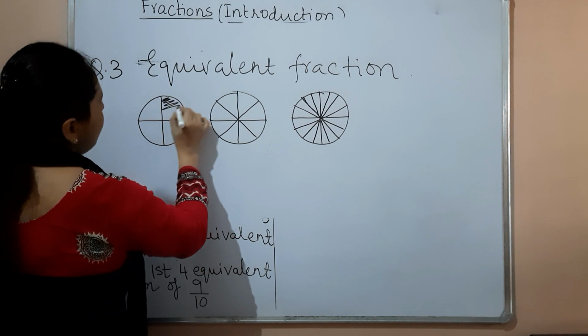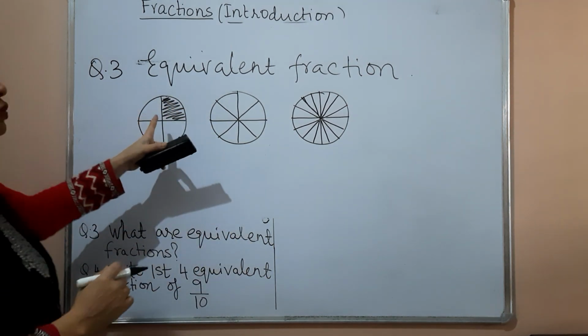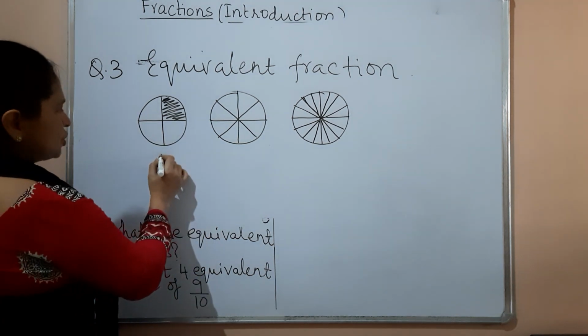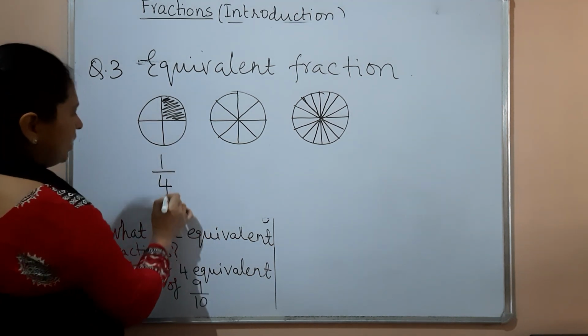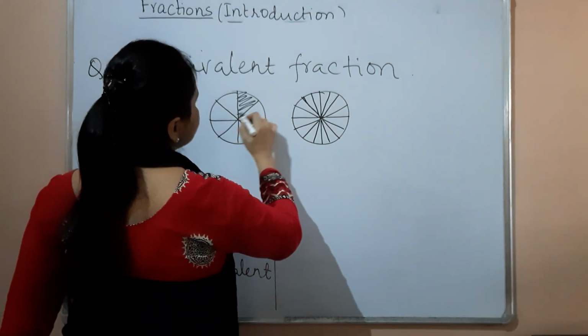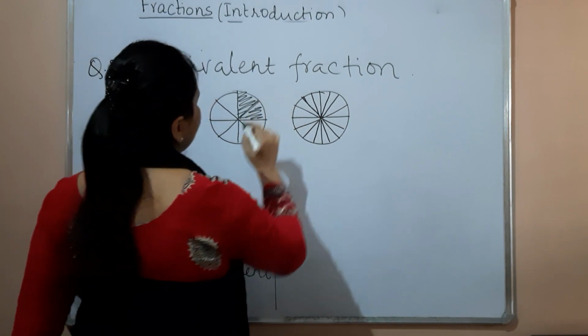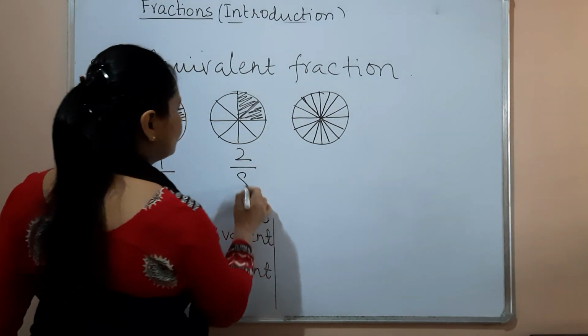Now suppose I give this piece, this much amount to somebody, then what portion fraction have I given? It is 1 out of 4. If I give this and this piece, then what portion have I given? It is 2 out of 8.